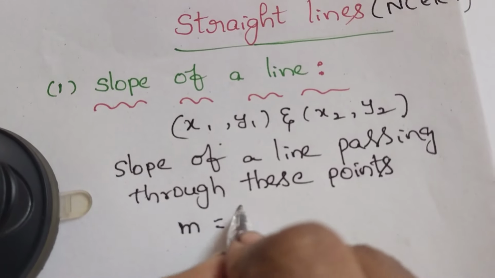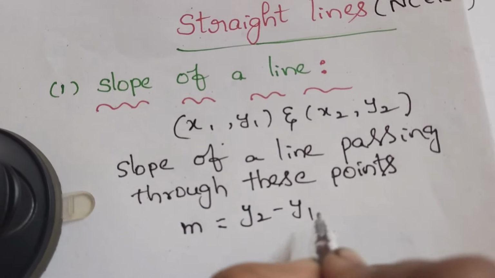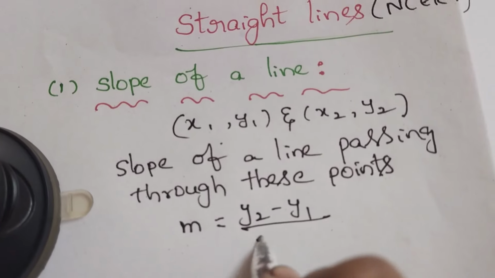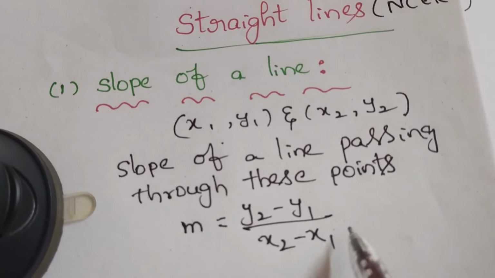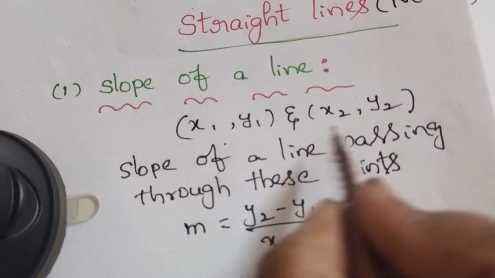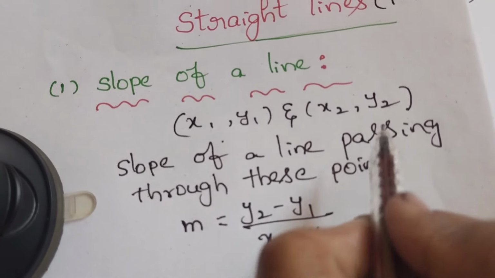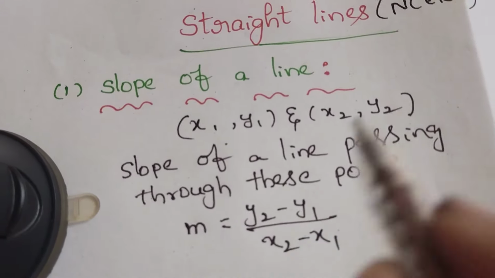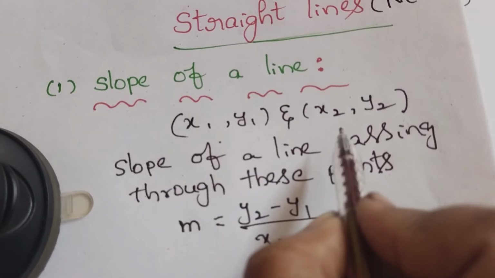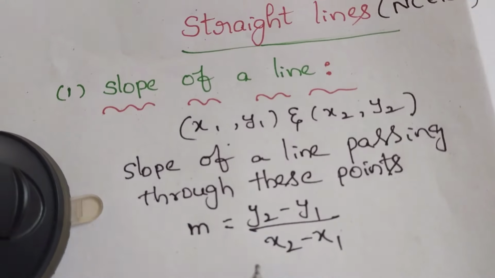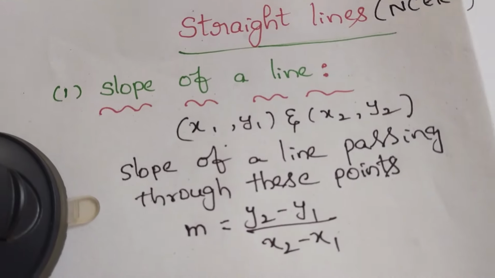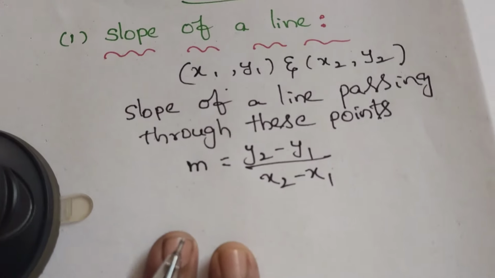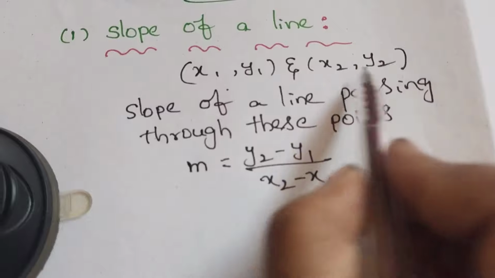So m is equal to (y2 minus y1) divided by (x2 minus x1). So it is the slope of a line when that line passes through these points. Simply, I'll tell one quick tip: when you see the two points, then the slope of the two points is (y2 minus y1) by (x2 minus x1). This is the slope of a line when we know two points.